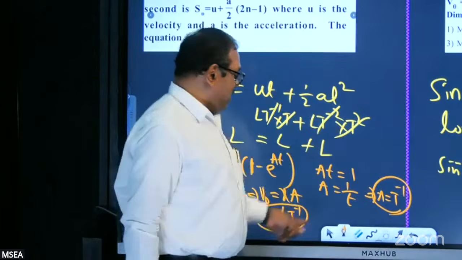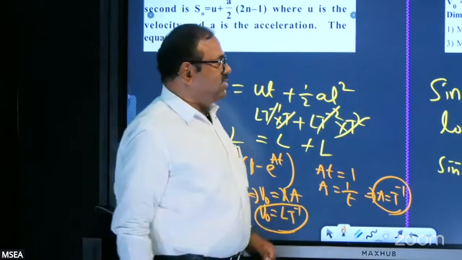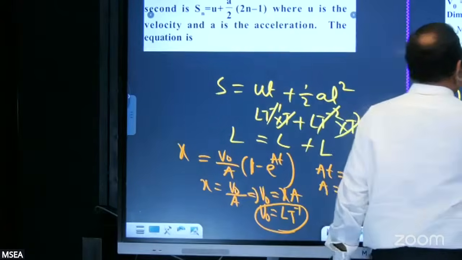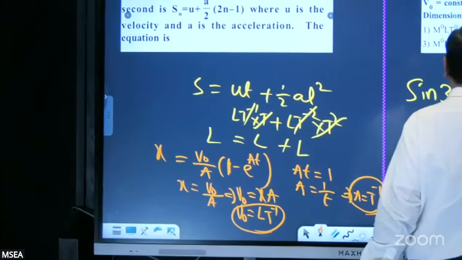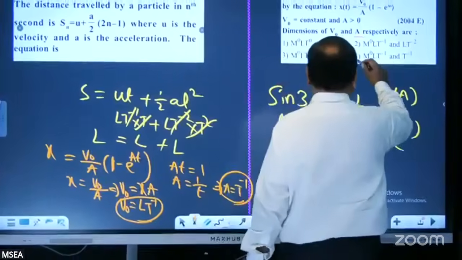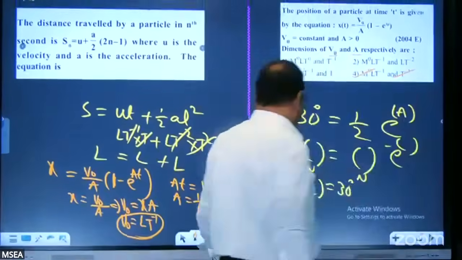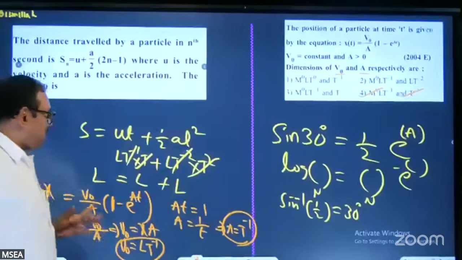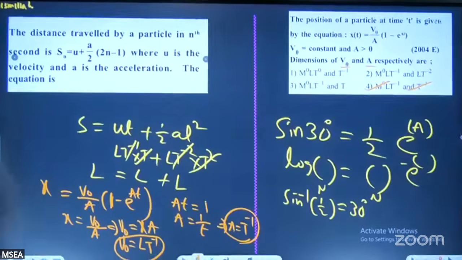That's why V naught is LT minus 1, A is t power minus 1. So the question is asking about V naught and A. V naught is LT minus 1, A is t power minus 1. Therefore, the fourth option is the correct one.